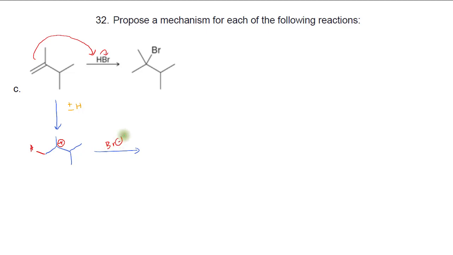Br minus was kicked off in that reaction there when we did the proton transfer. So the Br is now acting as our nucleophile. This is our electrophile. Get a nucleophilic attack here. And then we get the bromide.